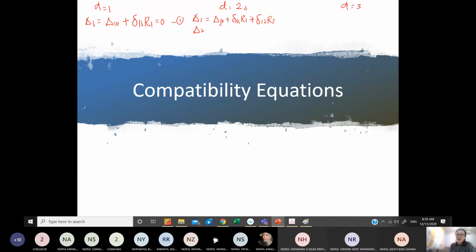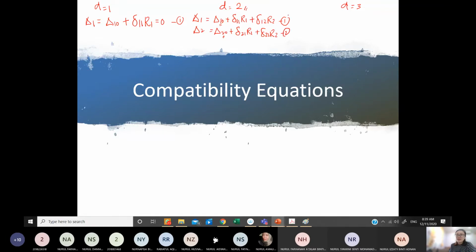We need equations involving r1 and r2. Then we will have delta 2 naught, everything starting with 2 now, plus delta 2 1 r1 plus delta 2 2 r2, equation number 2.